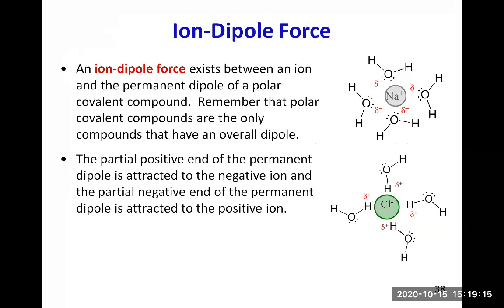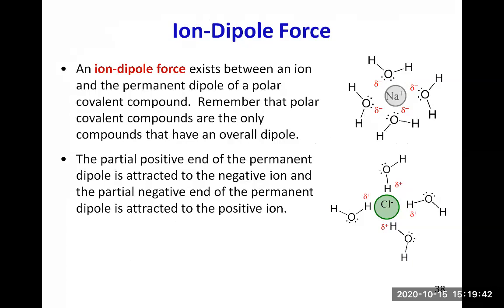What happens is that the partial positive end of the permanent dipole is attracted to the negative ions, and the partial negative end of the permanent dipole is attracted to the positive ions. In the examples we have here, sodium is a cation, a positive ion, and so it will be surrounded by molecules of water.